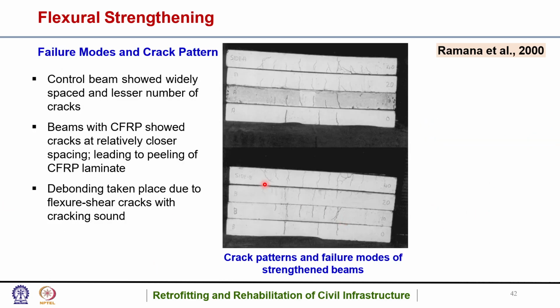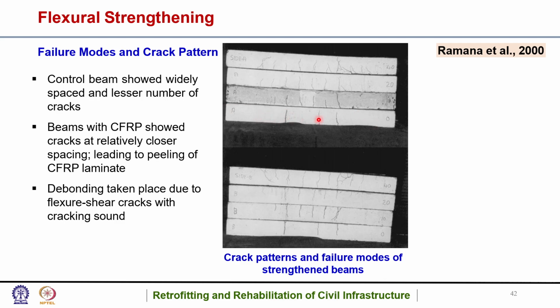Okay. So they found the failure modes and crack patterns. So these were the failure modes and crack patterns of strengthened beams. You could see that the control beam shows widely spaced and lesser number of cracks. So this was the control specimen.